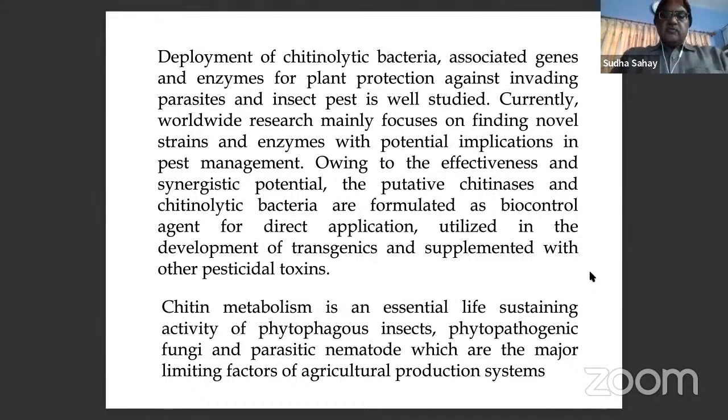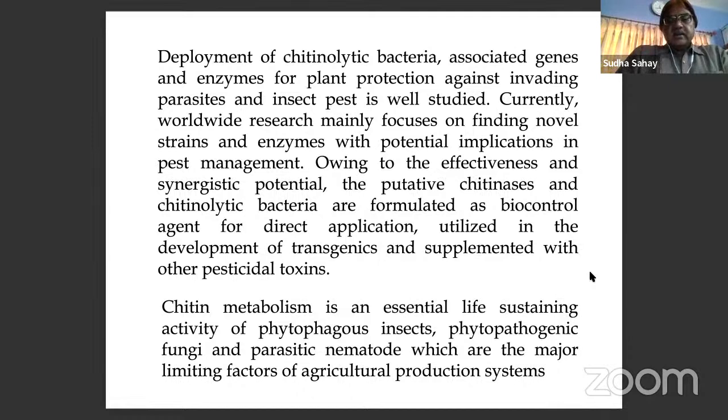Scientists are on the way, particularly plant biotechnologists, to develop transgenics for chitinase, or even formulations from chitinase-producing microbes. Different oligochitins are in the market, just giving a stimulant kind of effect to existing phyllosphere organisms to produce chitinase to dissolve the chitin of the insect.